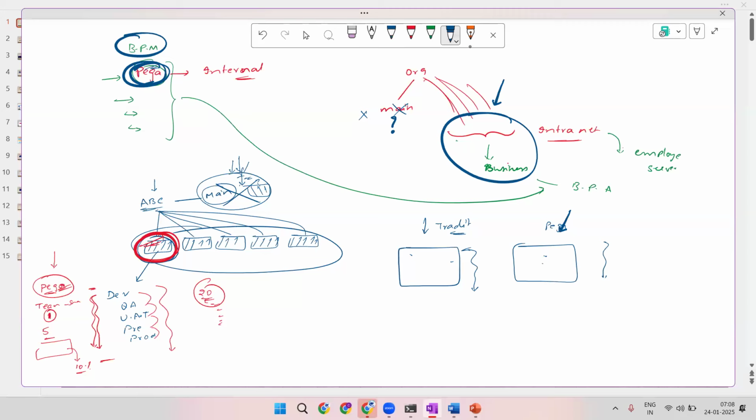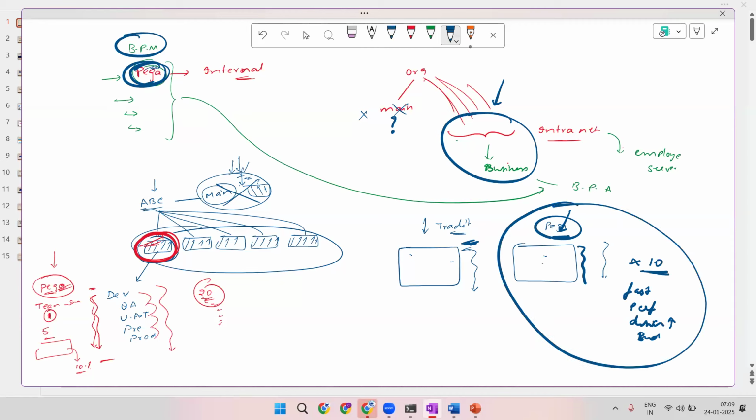So here Pega team is claiming that if any application is built on Pega, it will be 10 times faster compared to the traditional go. So it will be faster, performance will be very good, design time will be very fast, and budget will be less compared to team size. Okay, so if a client wanted to go for some design, better to choose Pega as the final go. That is what Pega is giving as a solution to the customer.